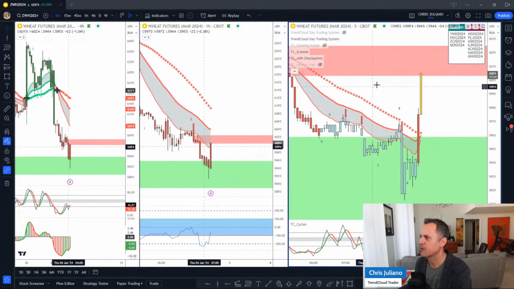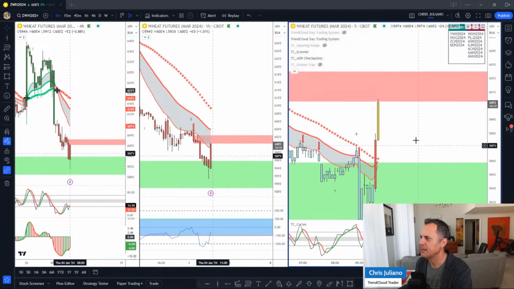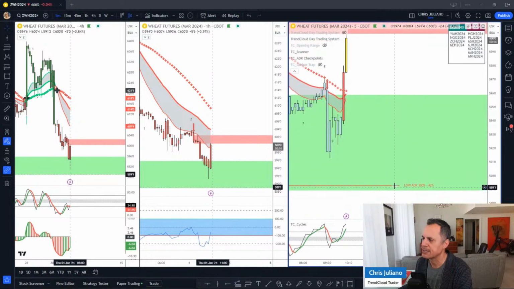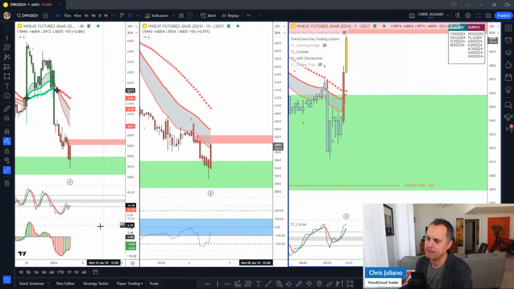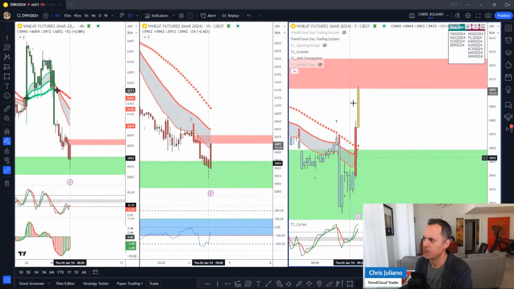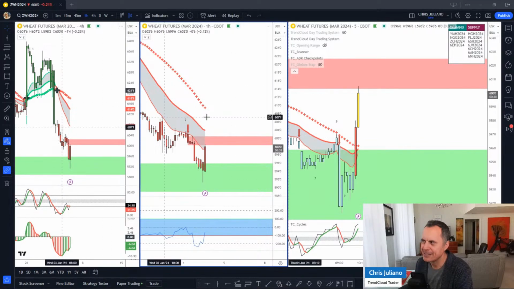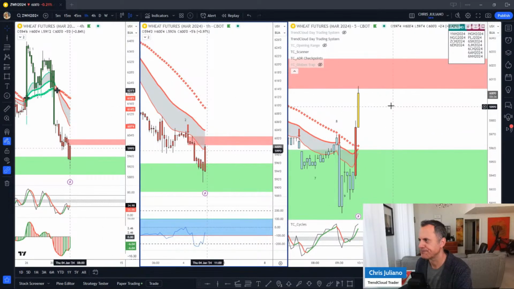No ADR checkpoints to be found, except right down here. All right. So it might hit here and go back down. We've got a very strong move here on momentum, and that's what it's picking up on. But it is pulling back into that 1-hour trend cloud with momentum to the downside in a downtrend.